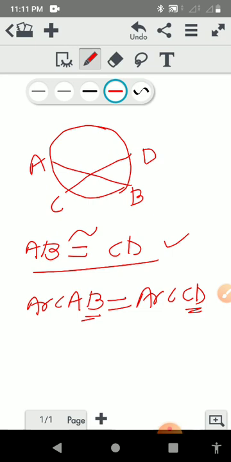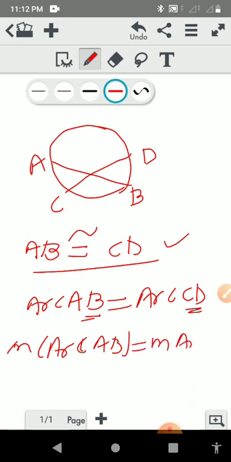Then we can also write it as measurement of arc AB equal to measurement of arc CD. I just wrote it in the form of measurement.